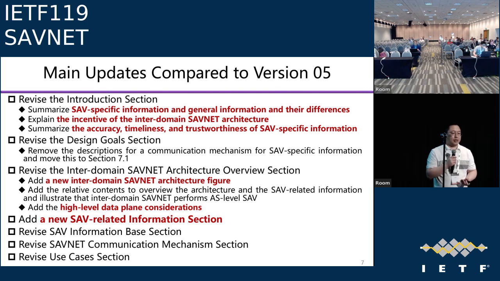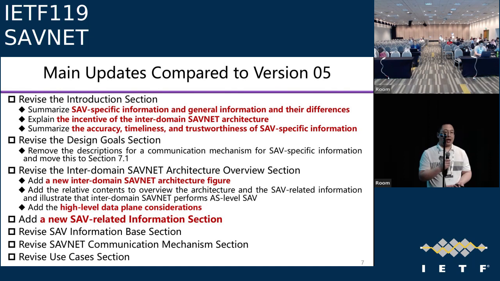We also removed the descriptions for the communication mechanism for cell-specific information in the design goals section and moved this to section 7.1. We have revised the inter-domain Savnet architecture overview section. In this section, we have added a new inter-domain Savnet architecture figure and its relative descriptions about the architecture.